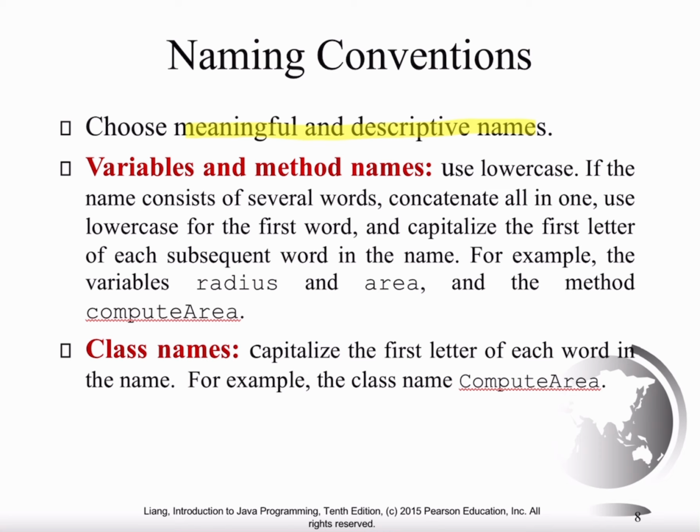And in a program, you can't use more than one word. It's only one word. So you use lowercase letters, and if there is more than one word, then you capitalize the first letter of that second word.